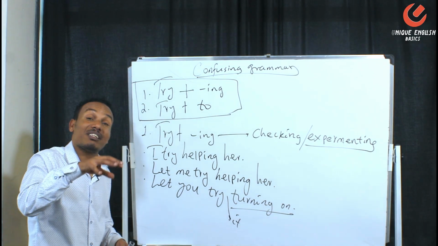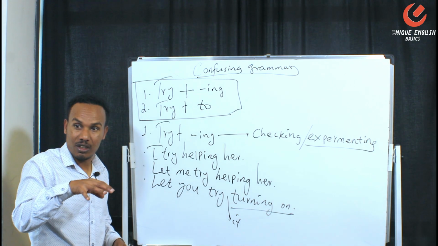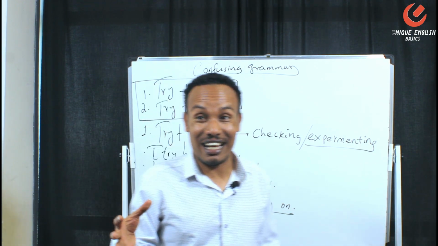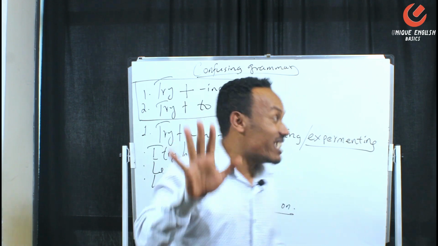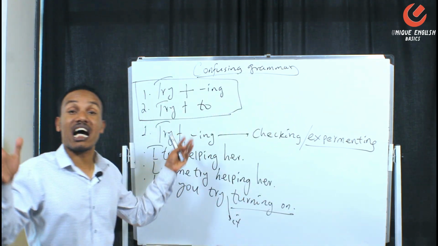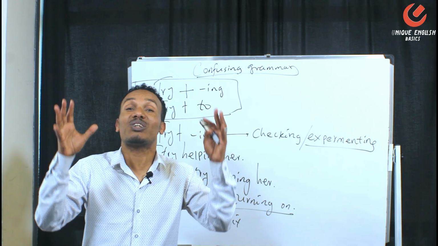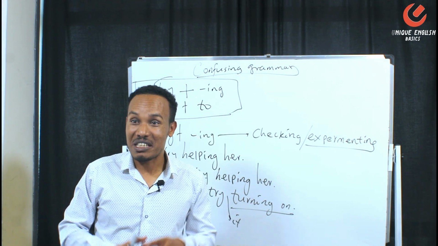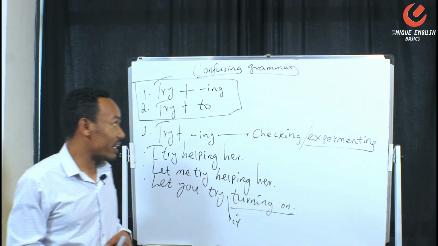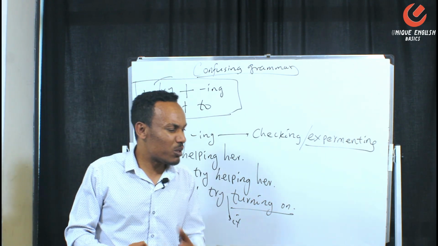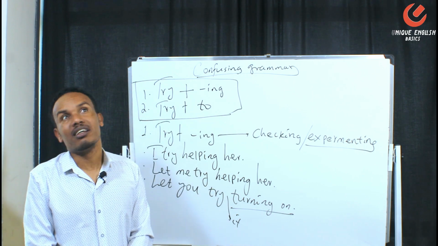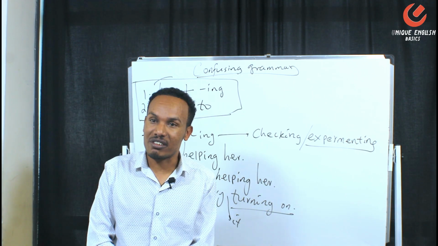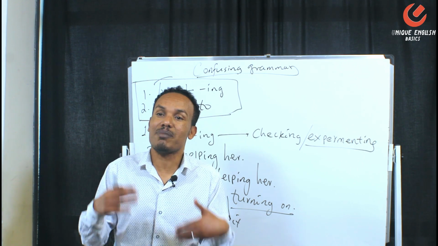We say in Amharic, do it this way and try it. So, what does try take after it? Try is followed by ing form when we are checking or experimenting something. Do you understand me? Yes, this is very important. For example, try being positive for him.